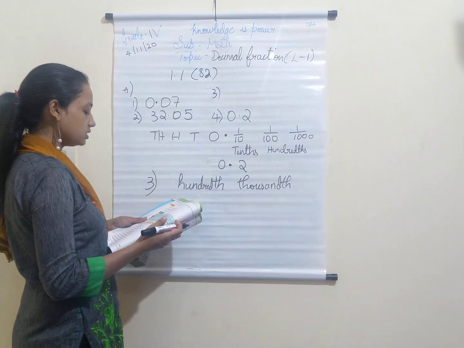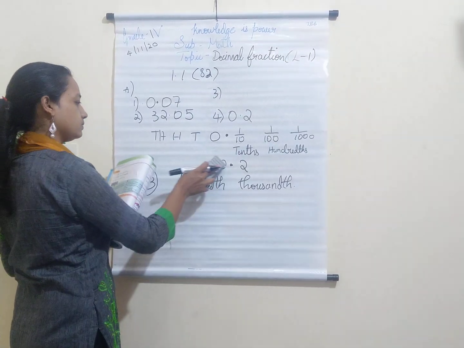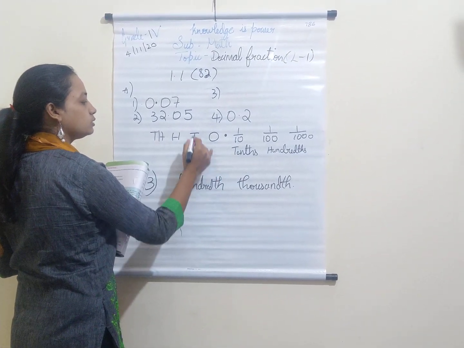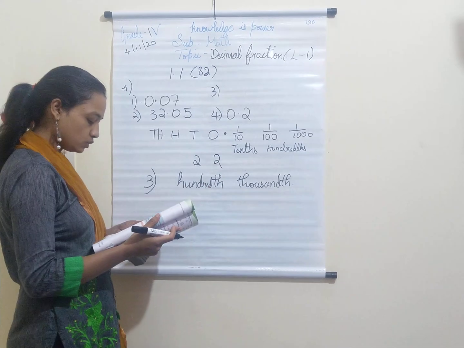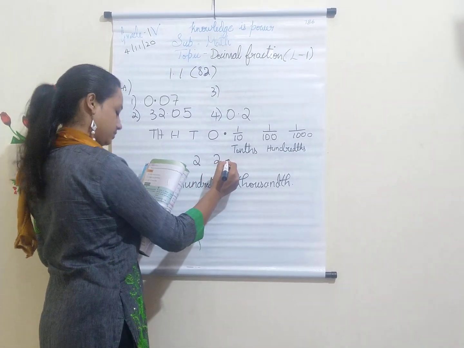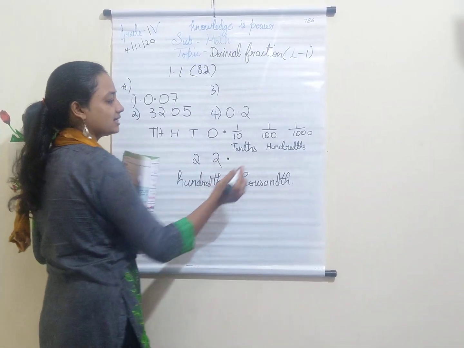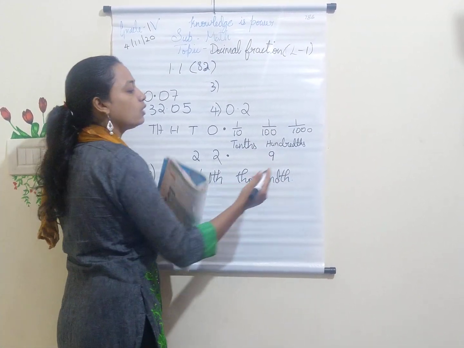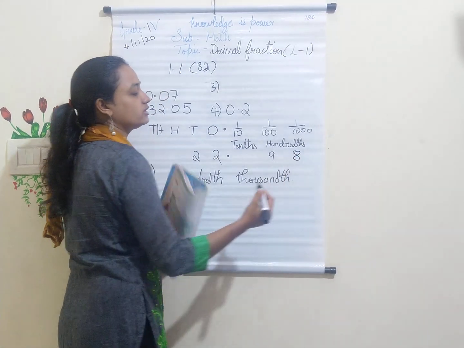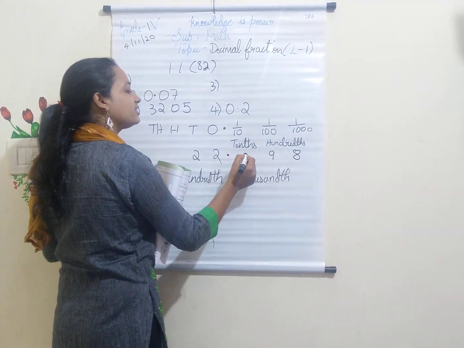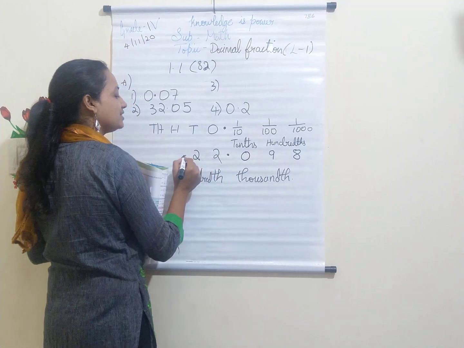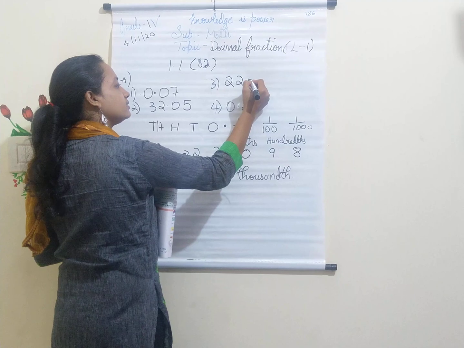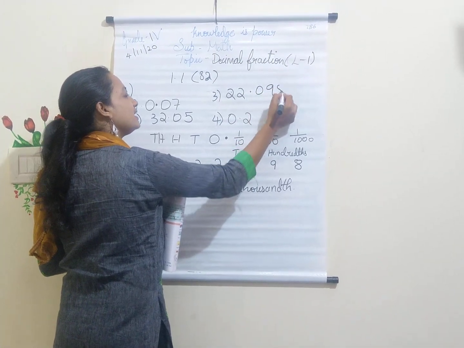So the question is 22 and 9 hundredths and 8 thousandths. In the hundredths place I should write 9, and in the thousandths place I should write 8. So what about the tenths place? I should write 0. So this is my third answer, children. 22.098.